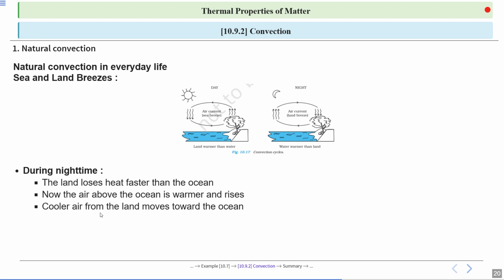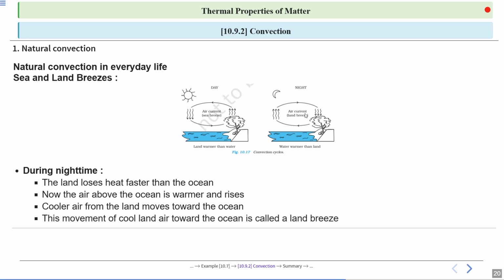And cooler air from the land moves forward towards the ocean. And this movement of cool air from the land toward the ocean is called land breeze. Here this movement happens from the land, so we can say land breeze.